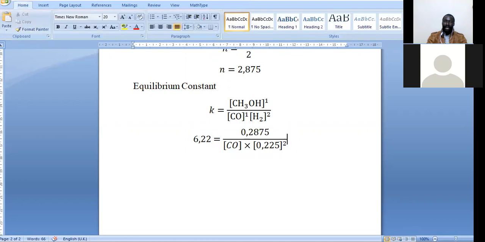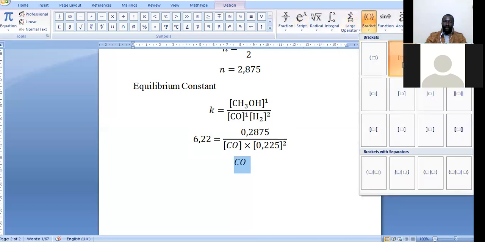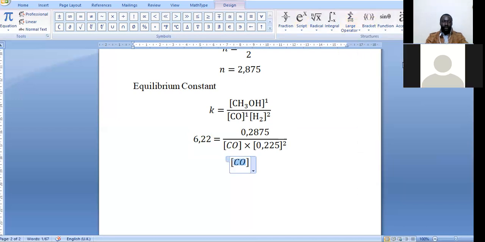The only thing remaining here is the use of the calculator. I would like to encourage you guys to do this. Find for me the concentration. Just use your calculator. I'm going to be doing the typing work here. Then type and send it to me. Find the concentration and just write it to me.